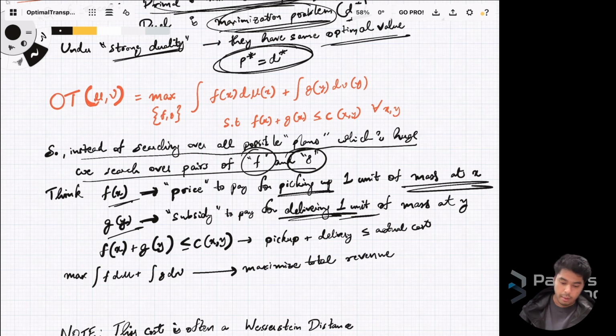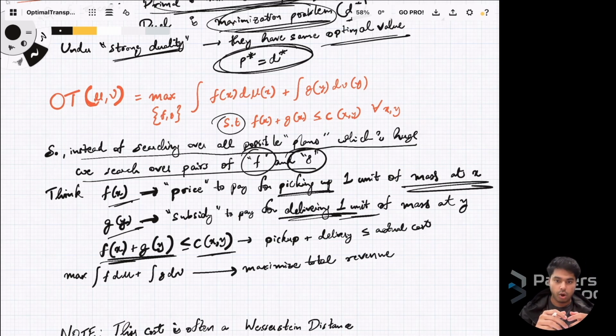So we are splitting the transport problem into a two-player game of picking up and dropping somewhere. And the constraint, s.t. stands for such that, is that f(x) plus g(y) should always be less than or equal to the cost, right?